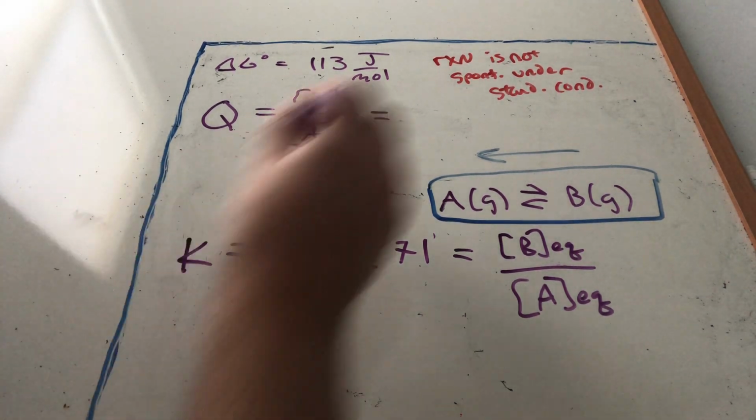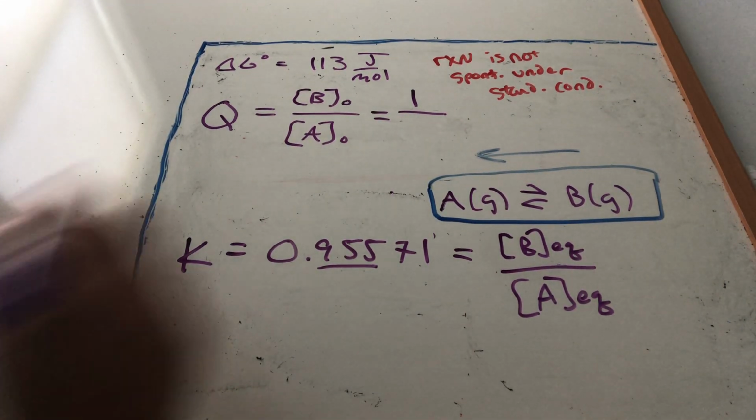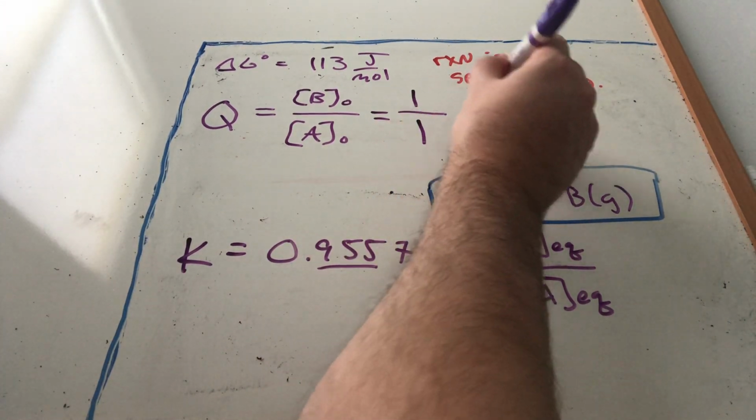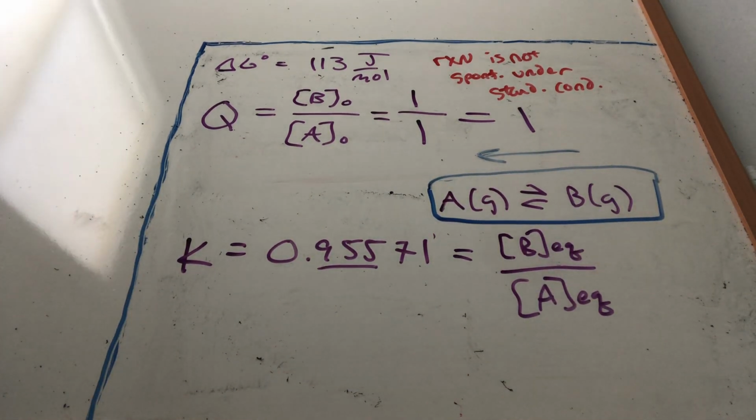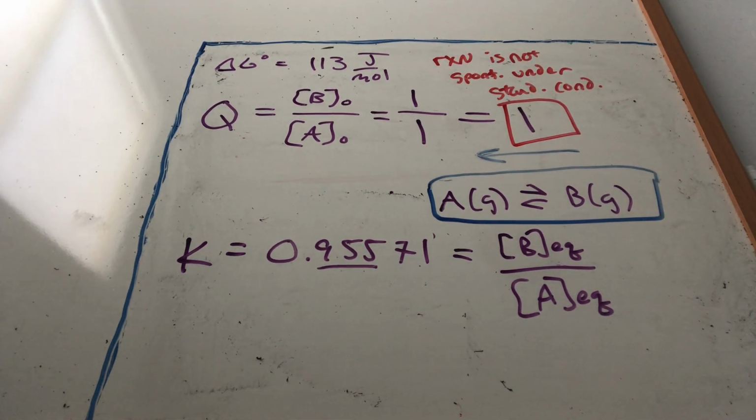That's a definition. Under standard conditions, and this is an important concept that we'll reinforce in the next video, Q is equal to 1. Every single time, Q is equal to 1.